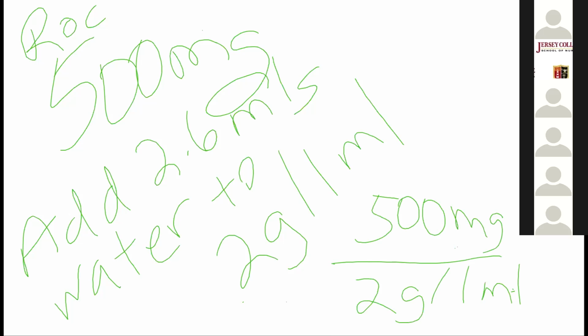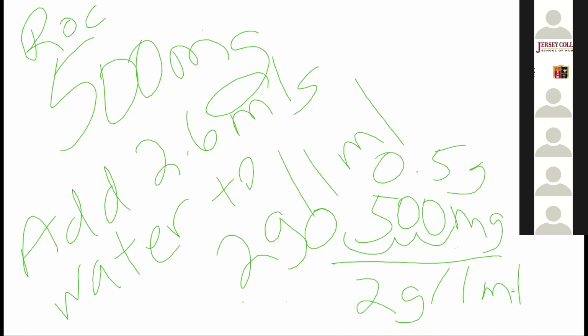Now we have to convert to grams, because that's what we have on hand. So 500 milligrams converted to grams is what? We're moving the decimal to the left, or dividing, right? To the left: 1, 2, 3. So we have 0.5 grams. Is that what you got? Yep.